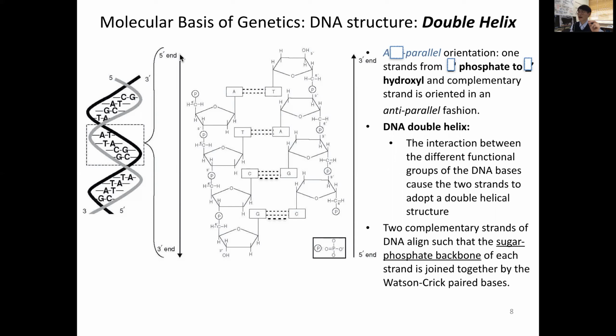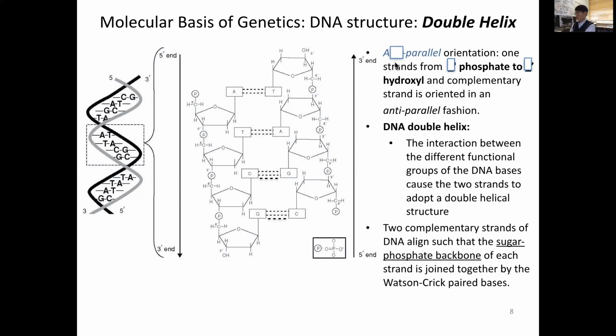So we name this the 5 prime end and this the 3 prime end. One is the 5 prime end, the other is the 3 prime end, and you realize the complementary structure will have to be the opposite way of this. So that's the 5 prime end and this is the 3 prime end, to make this complementary hydrogen bonding.